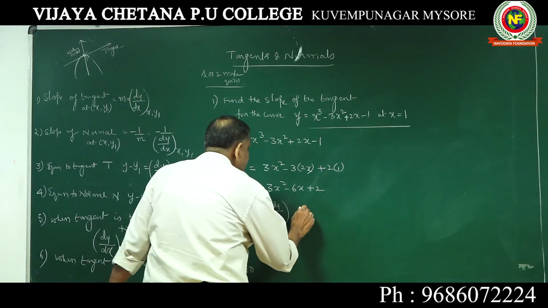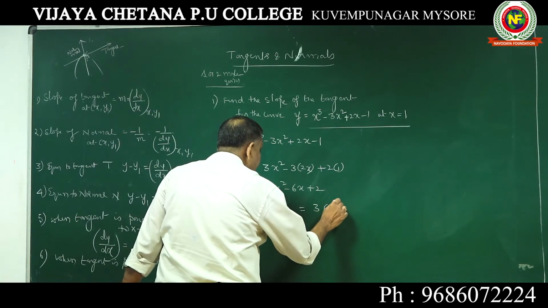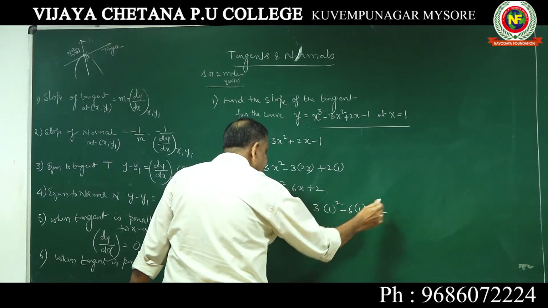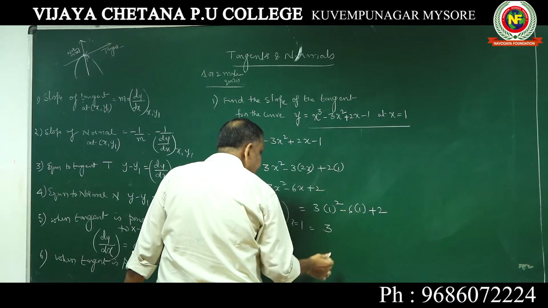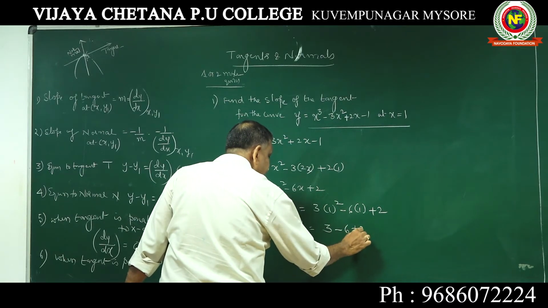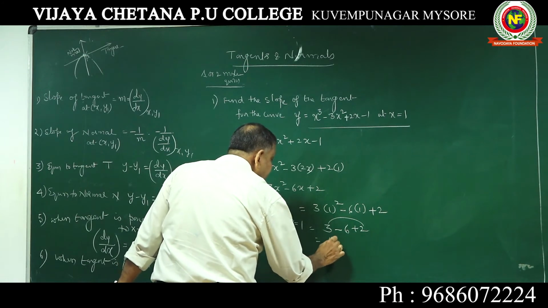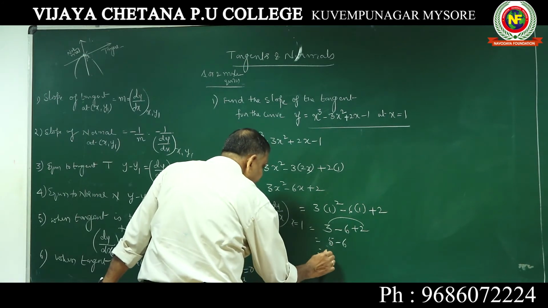Substitute: 3 into 1 square minus 6 into 1 plus 2, or it is 3 minus 6 plus 2, 3 plus 2 is 5, 5 minus 6 is minus 1.